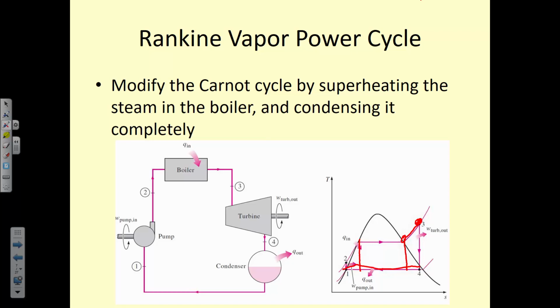That eliminates the problem of having two phases in our pump or our compressor. In this situation, we will use a pump because it will be liquid, and it also minimizes any chance of having significant liquid at the outlet of our turbine. So the Rankine vapor power cycle can be considered as the Carnot cycle modified to better fit the vapor power cycle model.